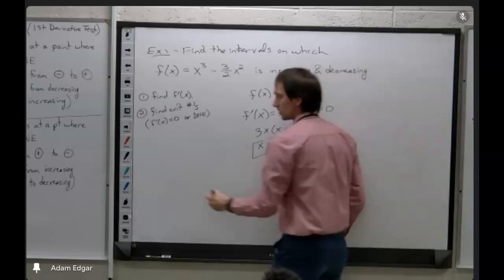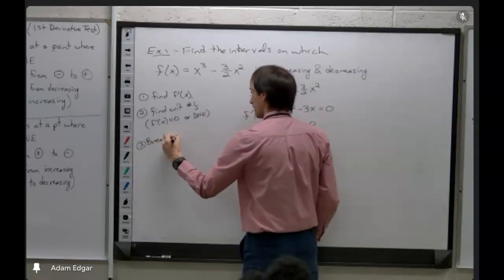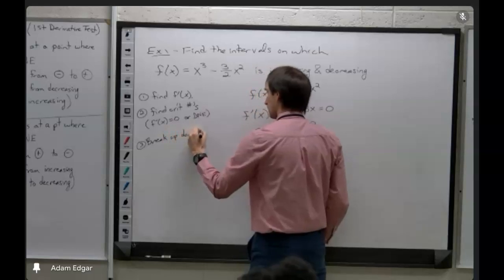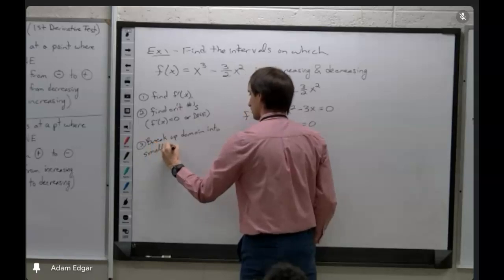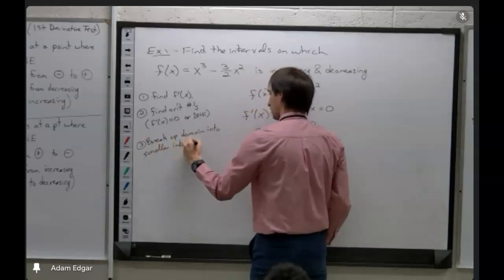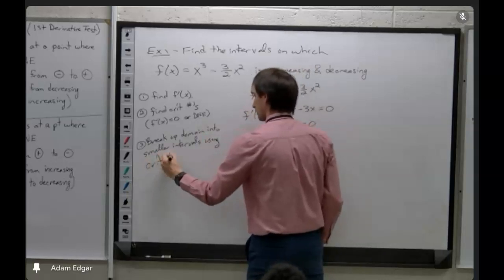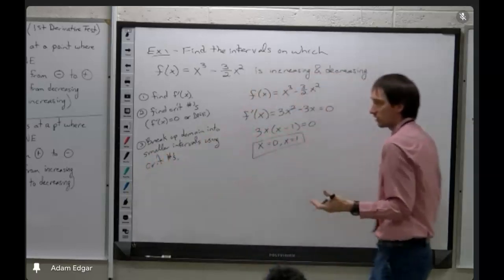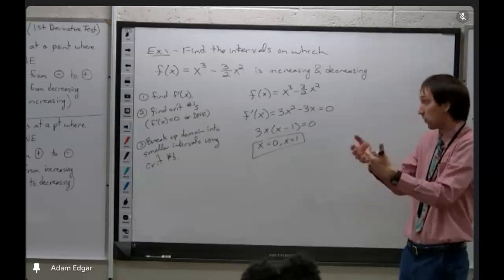So step 3 is break up the domain into smaller intervals using your critical numbers. You're going to create a table of intervals, and you're going to check each interval to see if the derivative is positive or negative in that interval.